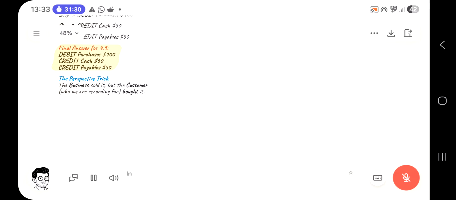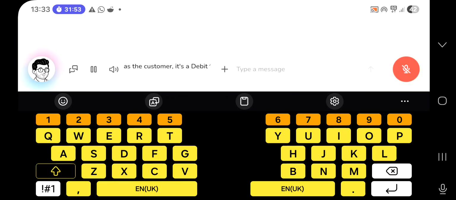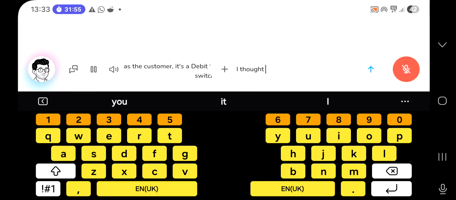In accounting exams, they love to swap the perspective like this. Since we are recording for the person who received the goods, we have to treat it as a purchase. If we were the seller, you'd be right. It would be a credit to sales. But as the customer, it's a debit to purchases. Does that sneaky perspective switch make sense now?